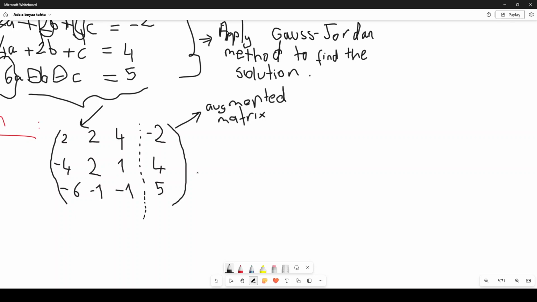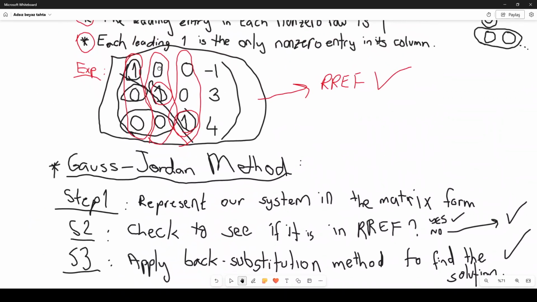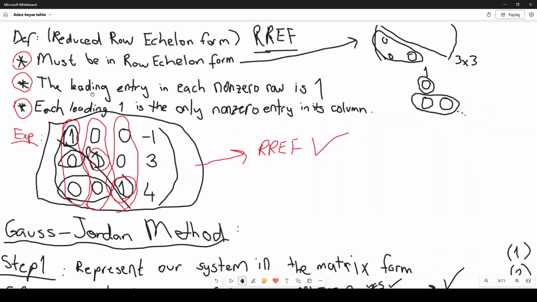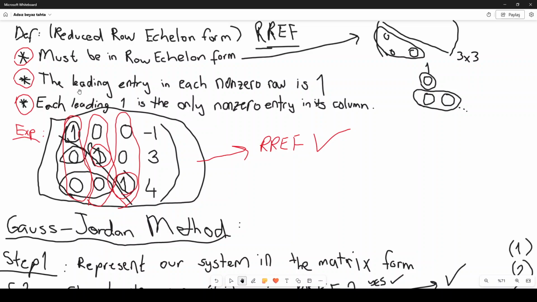So the first thing is we need to convert this matrix into what is known as reduced row echelon form, and let's start that. Let's get back to the definition of the reduced echelon form. We know that we must have a row echelon form in the end, but more precisely, the leading entry in each non-zero row must be 1.